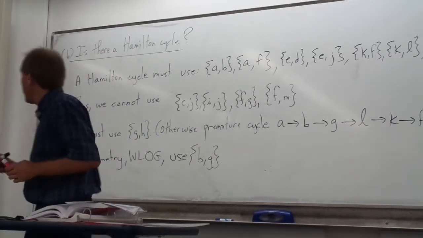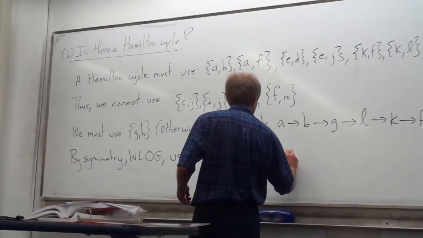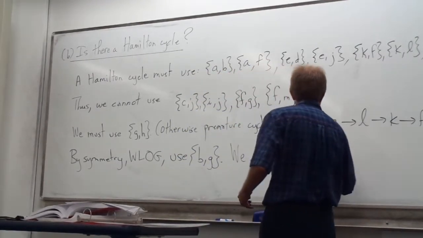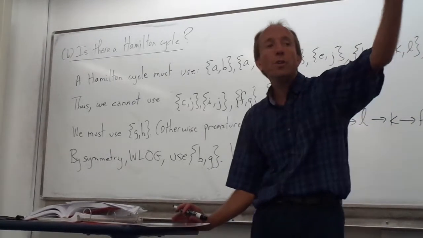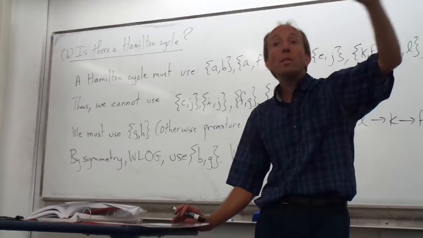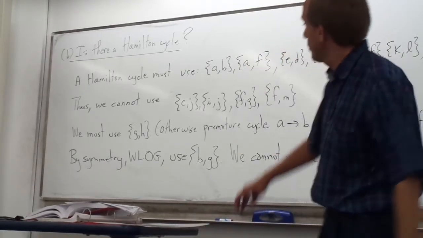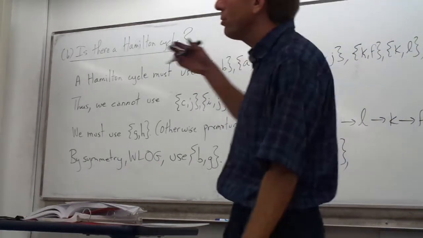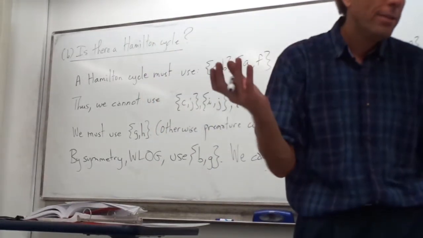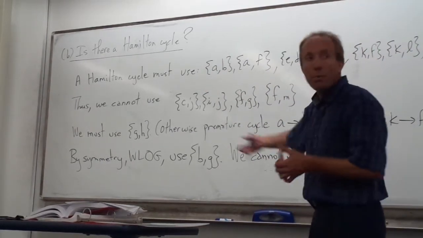No G, so we cannot use GL. By the way, if there's no symmetry in the graph, you can still do this, you just have to treat it as a case. Like case 1, I'm going to assume that we use BG, and in case 2, I will assume we use GL. So if the symmetry is not there, it doesn't mean you can't go down this kind of logic.